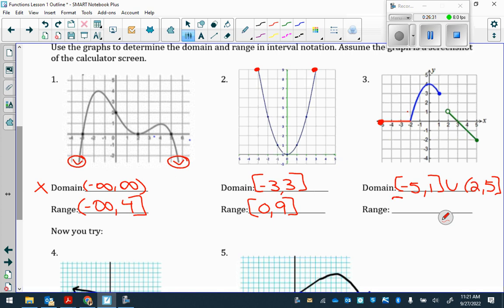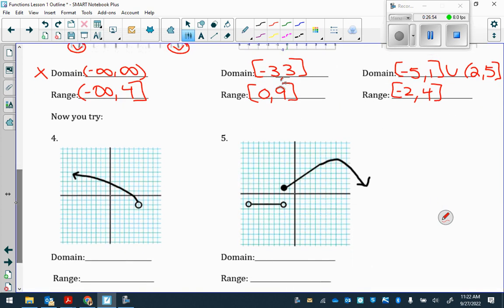So we have the range of -2 to 4 with a bracket. It still continues on the y values because it is being used. If there was an open circle right here, then you would definitely use the union. Okay, make sense? All right, you guys are going to give 4 and 5 a try on your own.